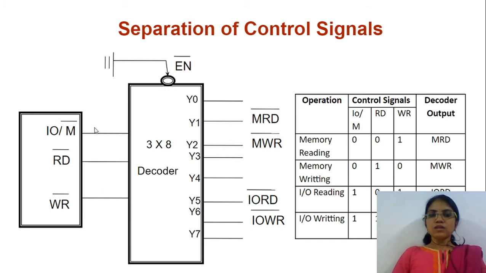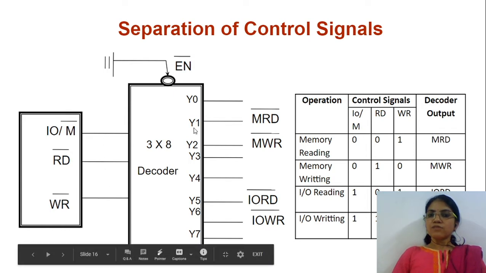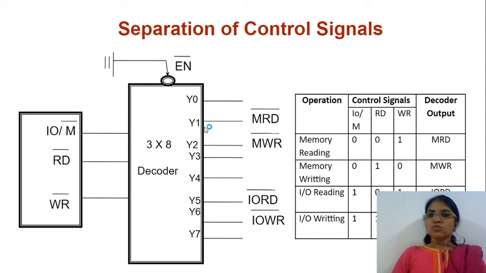So when we transfer 001 on the inputs of the decoder, Y1 is activated. On Y1 the signal is related with the memory reading. That's why the MRD bar signal is available on the Y1 pin. For activating the memory writing operation, again M bar becomes 0, RD bar becomes 1 and WR bar becomes 0.